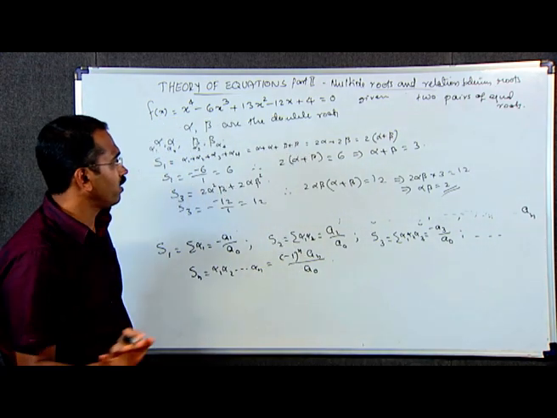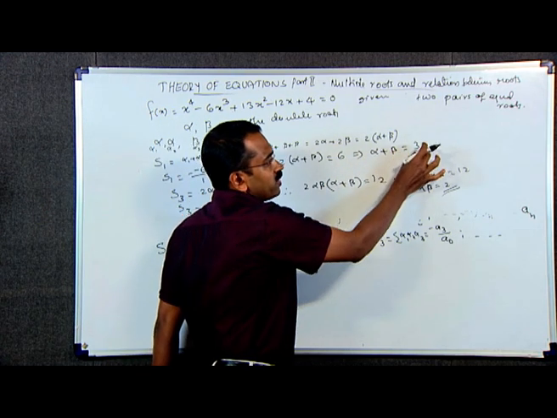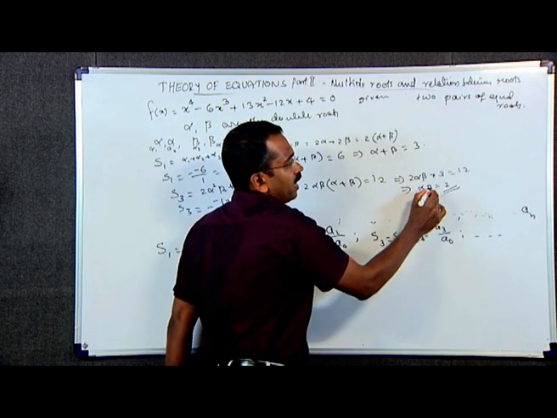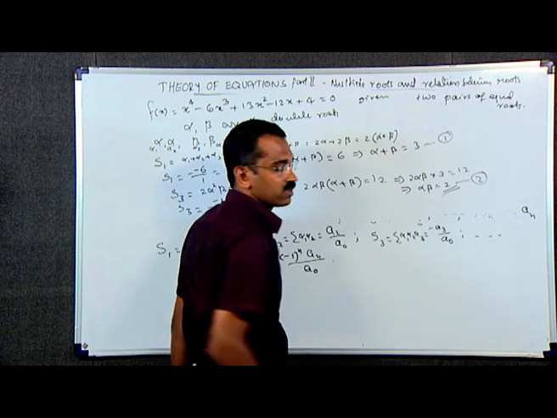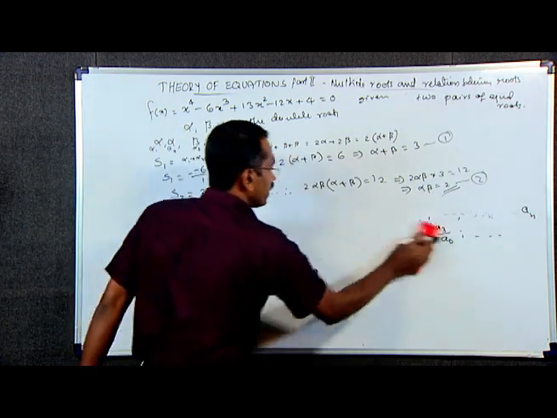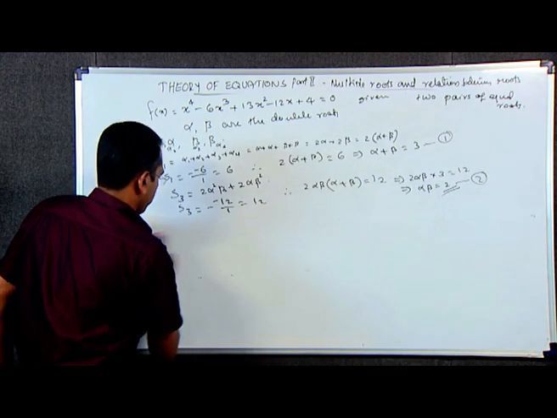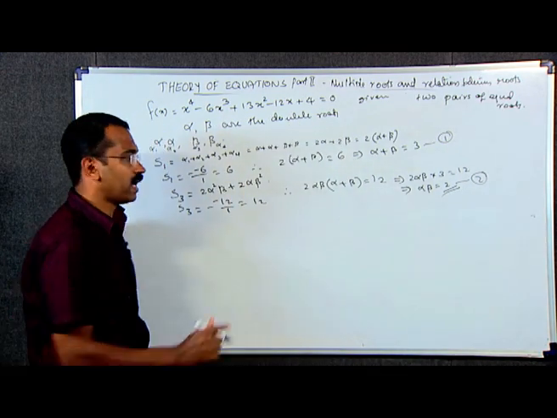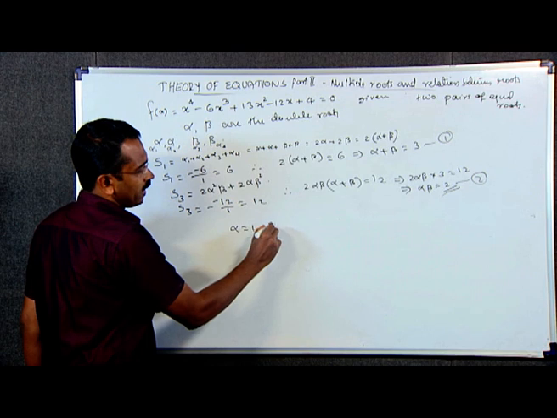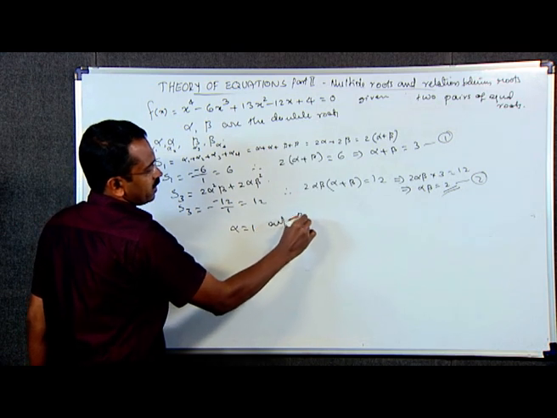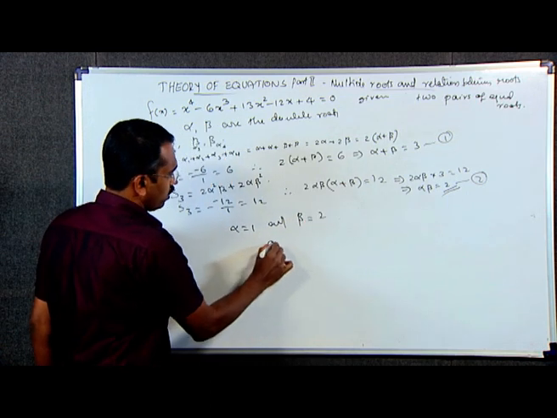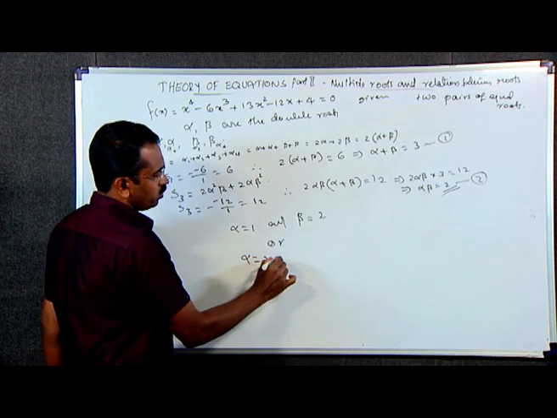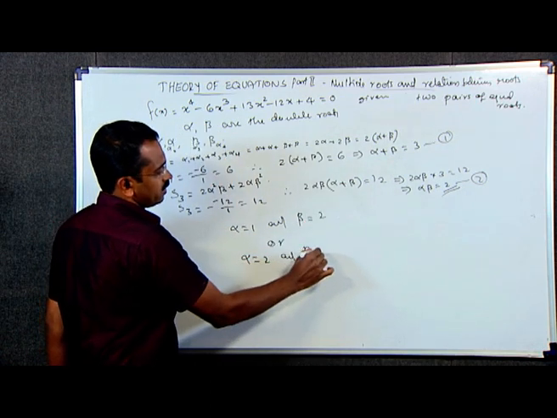Solving, we have two relations, alpha plus beta equal to 3 and alpha beta is equal to 2. This is equation number 1 and this is equation number 2. On solving, we will get alpha is equal to 1 and beta is equal to 2, or alpha is equal to 2 and beta is equal to 1.